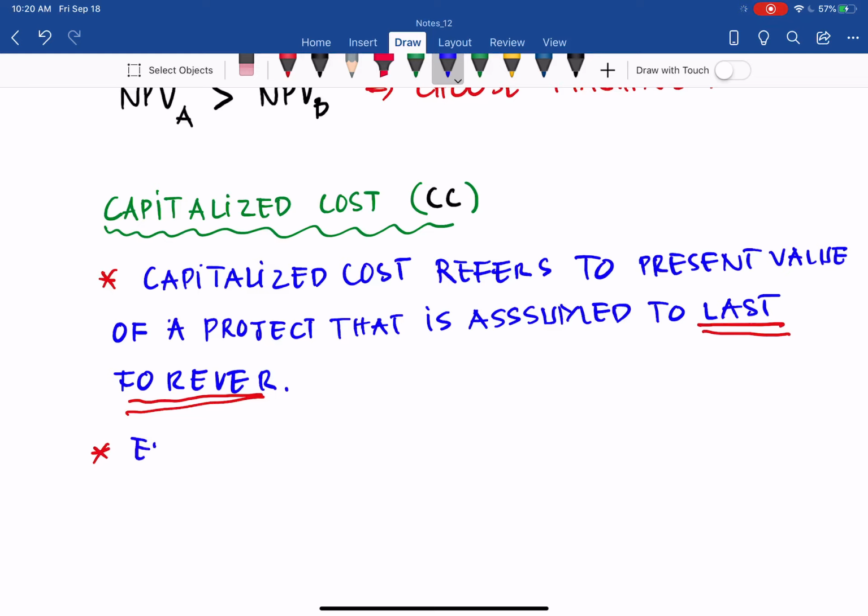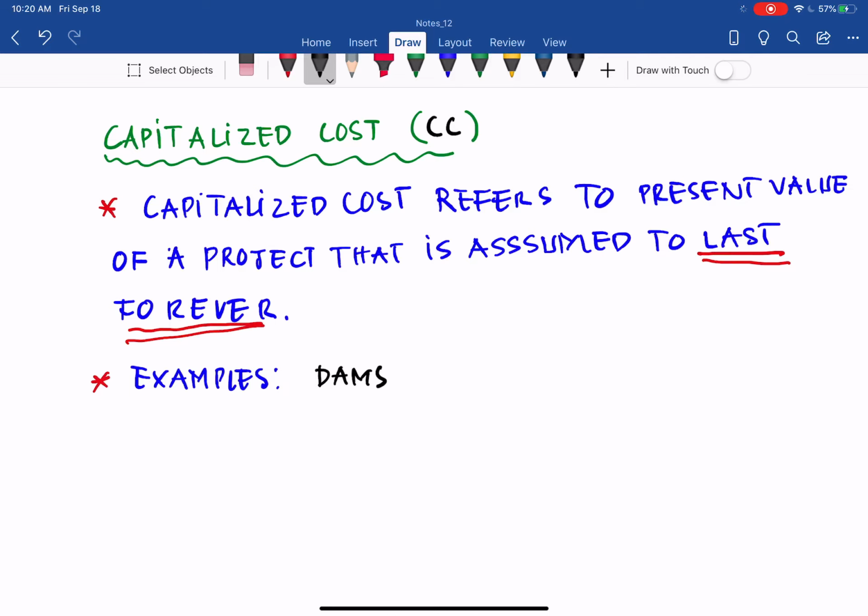So let's give some examples. It's like dams. When we build dams, we don't want them to last only 10 or 13 years, right? It has to last 100 years or more, like Hoover Dam, etc. Or an irrigation system, or even a railroad.